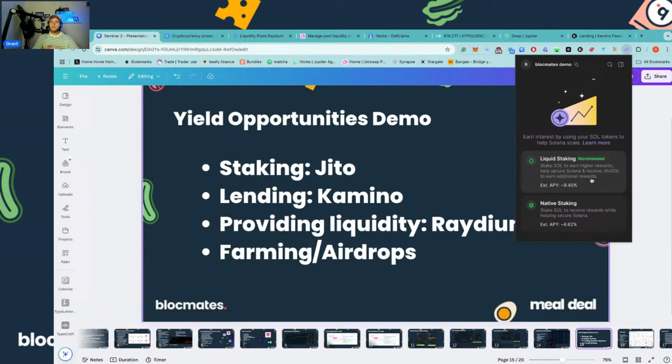With liquid staking tokens, you deposit your assets with, I suppose, a custodian, and then they distribute the assets to a wide variety of different validators.